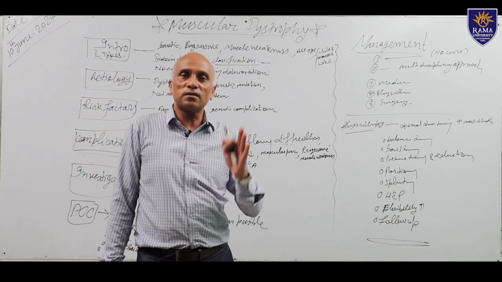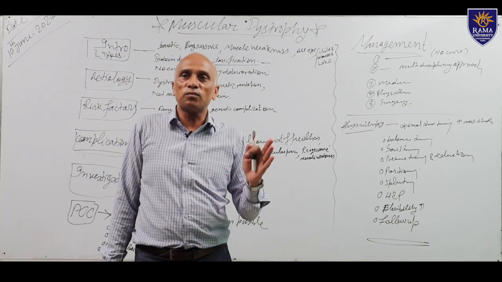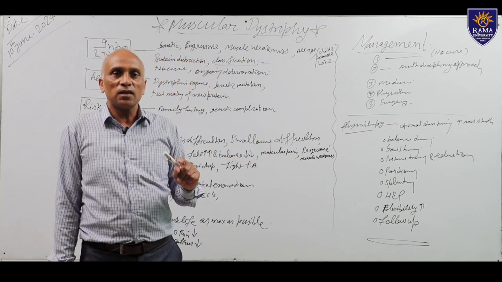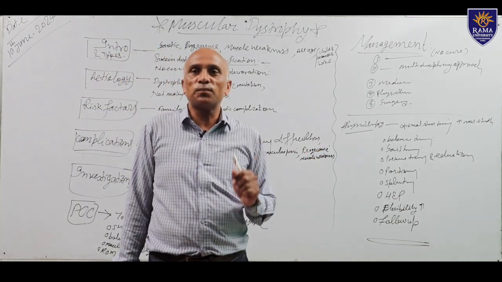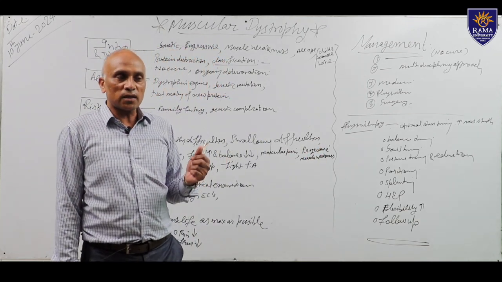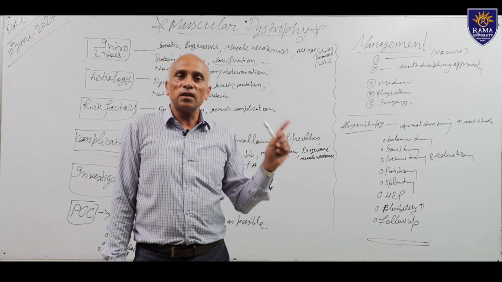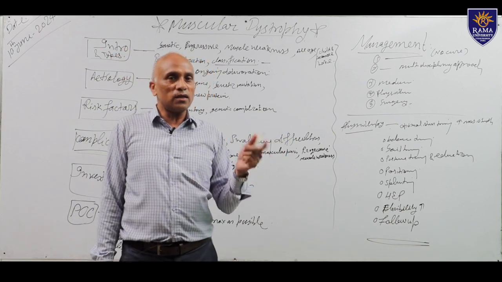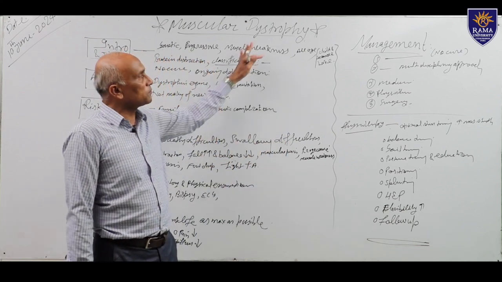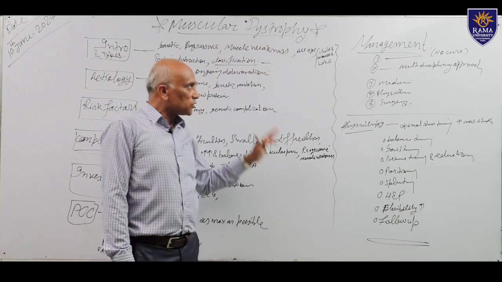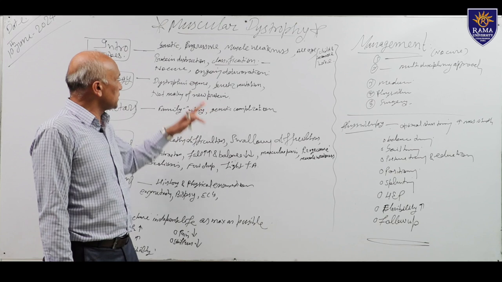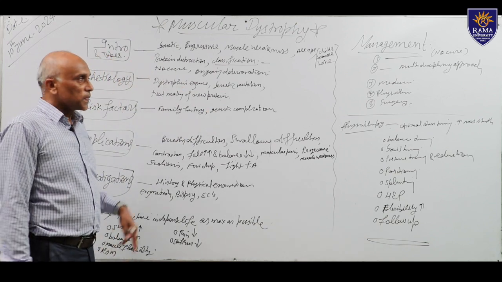Dystrophy means there is a destruction of muscles, in the sense that protein is not being made. Protein destruction may lead to muscle loss, which means deterioration of muscle mass. So we will start with the intro.